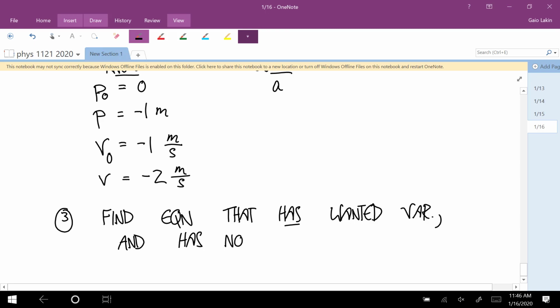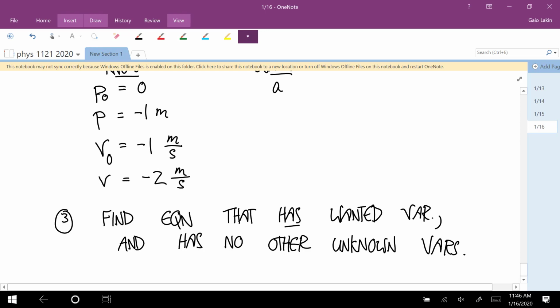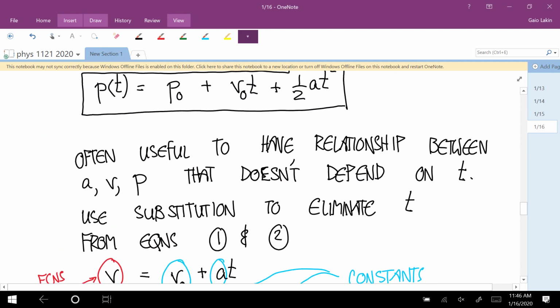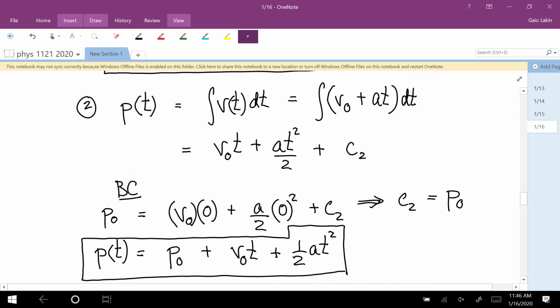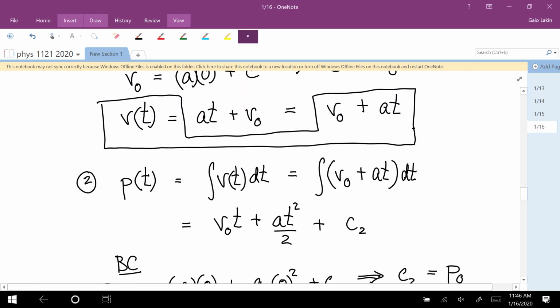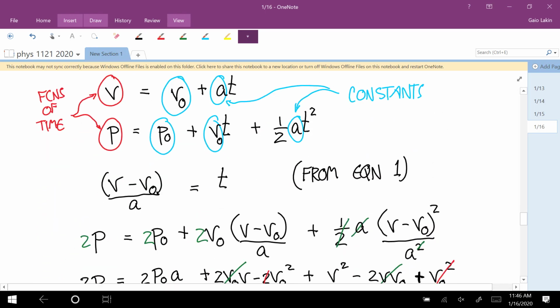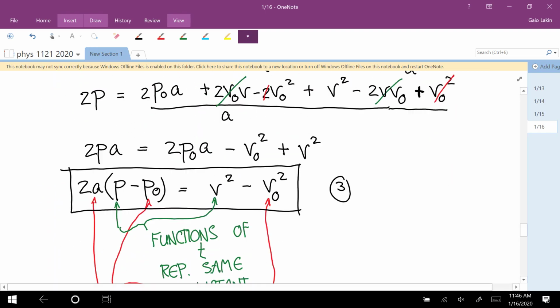And has no other unknown variables. Okay, so is there, of these three equations, I can't get them all up on the screen right now. So this one, the V equation, the P equation, and the one that doesn't use time.